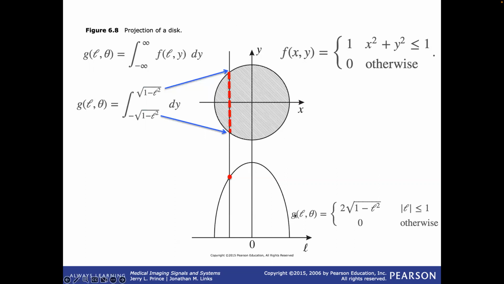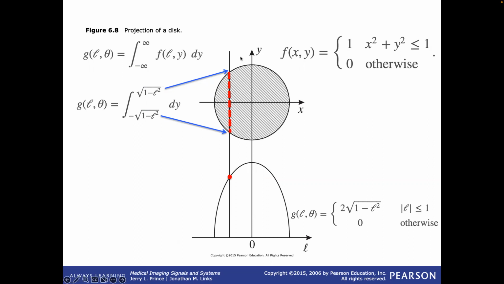And we ask, well, what is g(L, theta) under those conditions? So I actually know the equation of this bounding object. And for a ray that comes down through here, I can just calculate this integral. The amount of attenuation is essentially proportional to the length of that line.